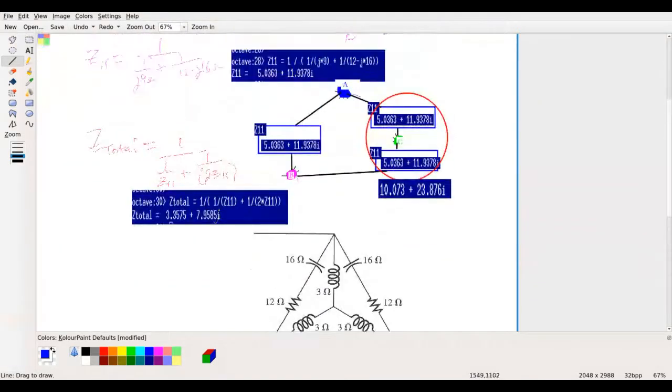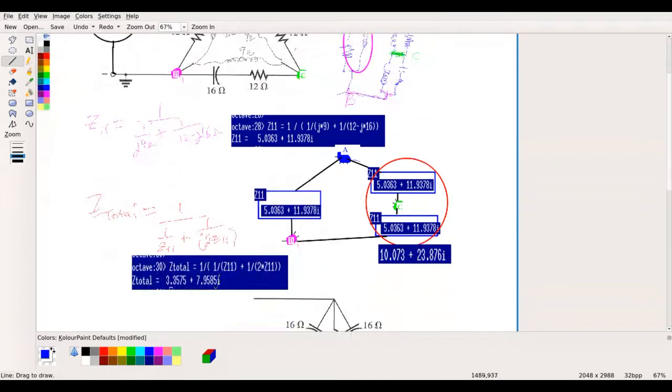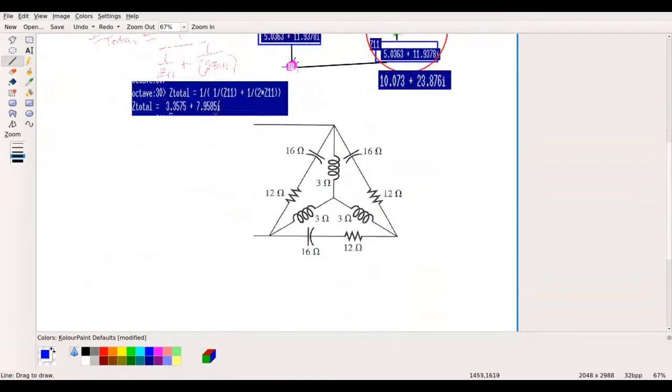And then I combined, you see, from going from point A, you could either go through the resistor capacitor branch or the inductor branch and make it to point C. And then at point C, you could either go through the resistor capacitor branch to B, or you could go through the inductance branch to get to B. So each one of those is that parallel combination of the two delta circuits.